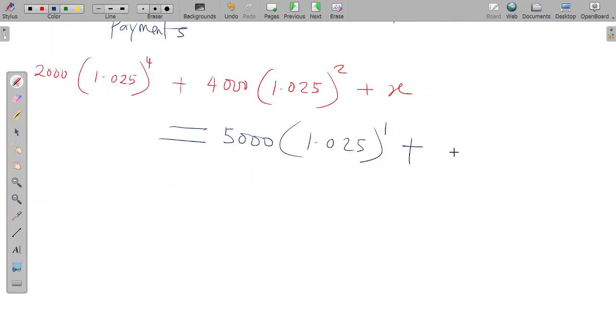So we have the other debt, which is 5,000, 1.025 raised to power negative 4 now. Okay, if we solve this, we are just making x the subject.